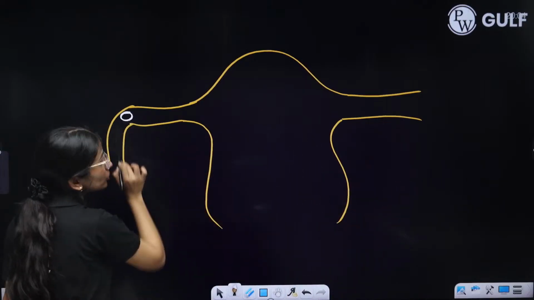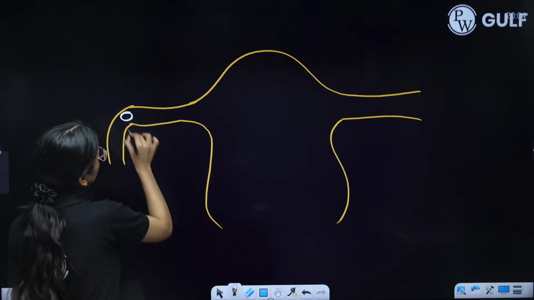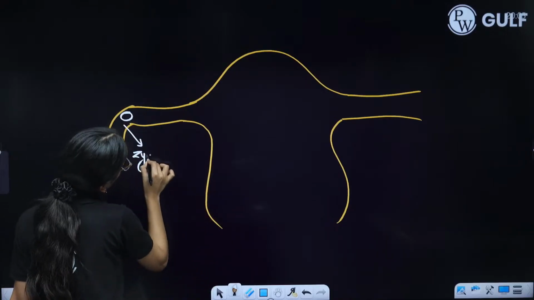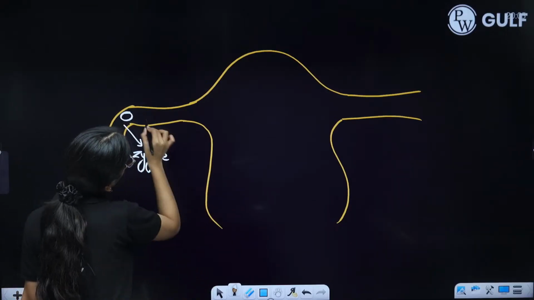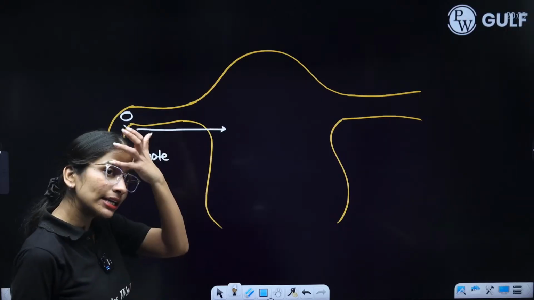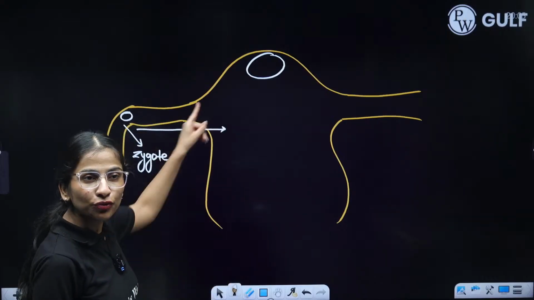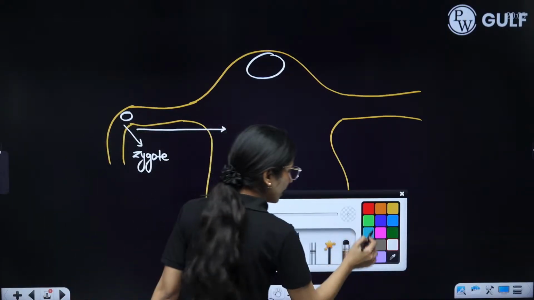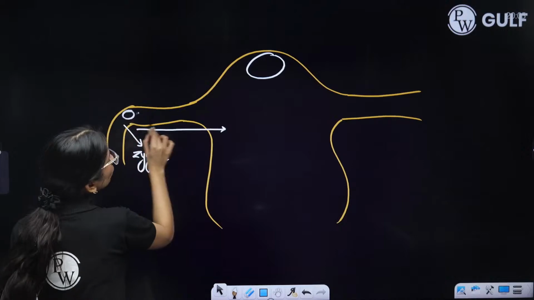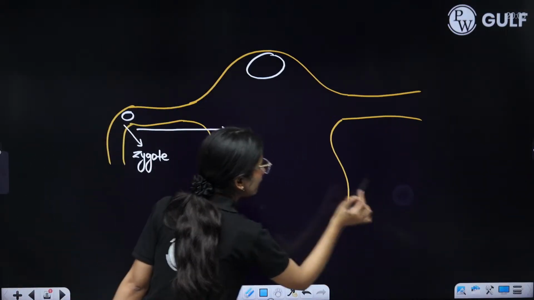At the site of fertilization, sperm and egg met, fertilized and formed the zygote. This happened in the fallopian tube. When it is traveling towards the uterus, it will be implanted in the fundus region of the uterus. It is not going to remain as a zygote only. From here only it will start cleavage.